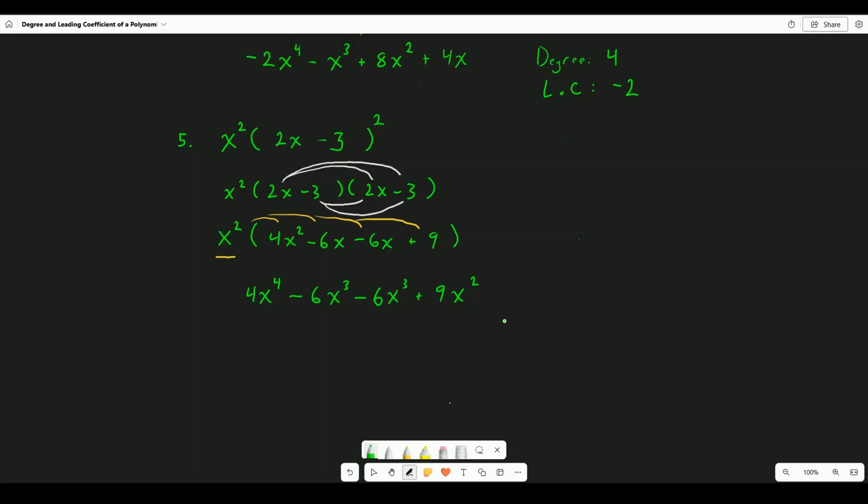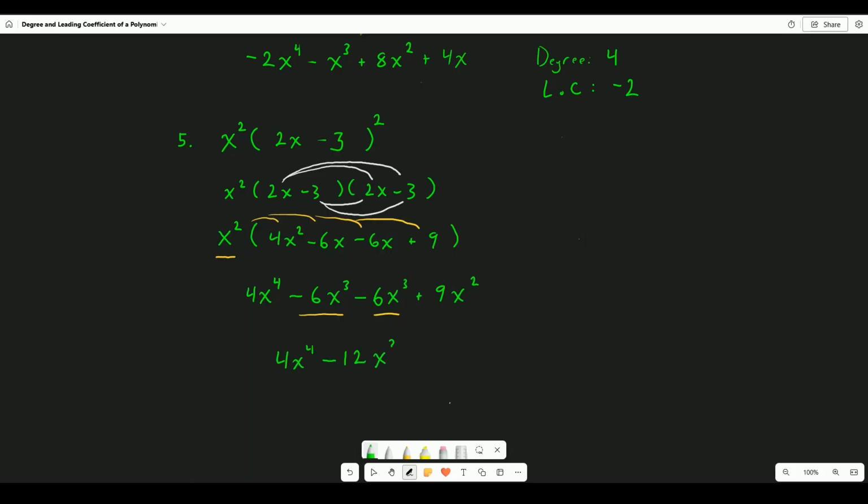We can further reduce this by combining the middle terms. Because we have an x cubed here and an x cubed here, we can combine them together. So my final polynomial is going to be 4x to the fourth power. Negative 6 minus 6 is negative 12. Negative 12 what?